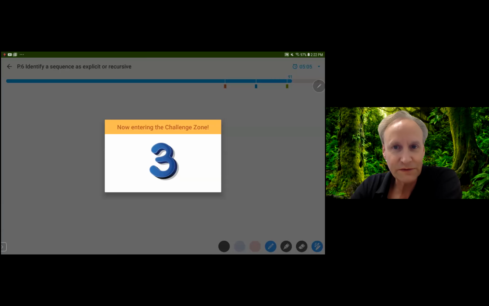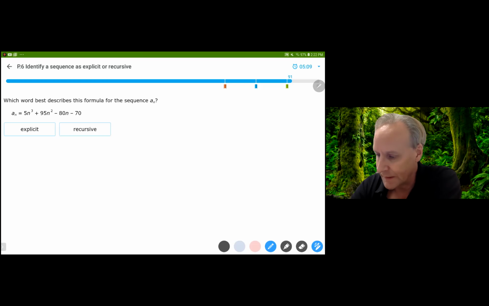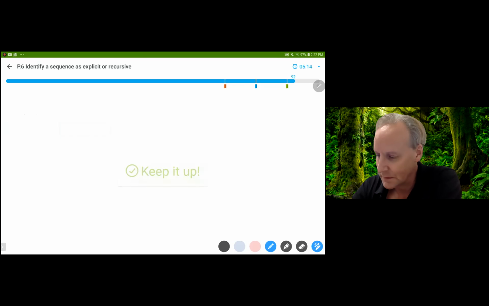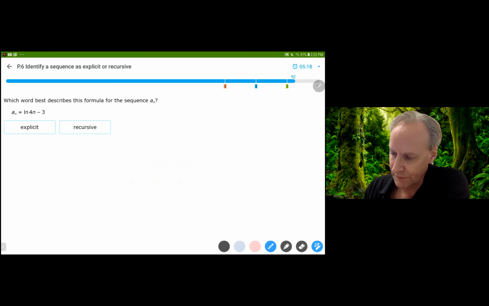And we're getting there, almost done. Actually took longer than I expected. All right, this one is explicit. This one is explicit, even though it has an ln in it. That stands for natural log. I'm surprised it's not in parentheses. Oh, well, explicit.